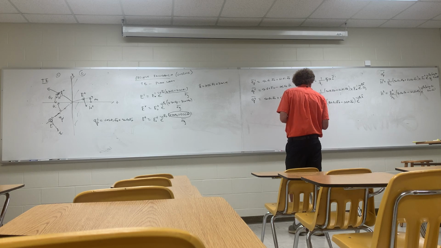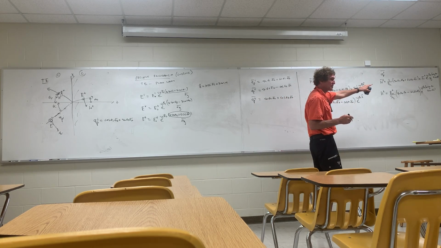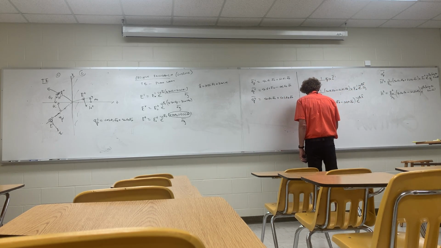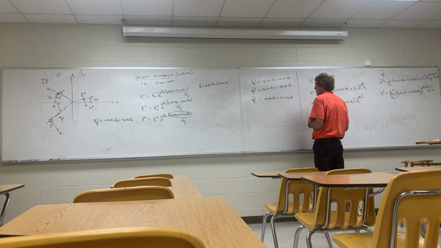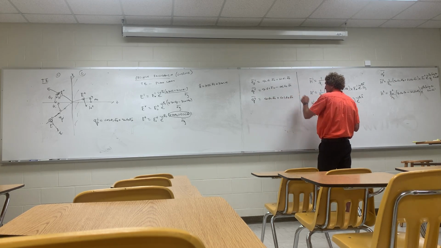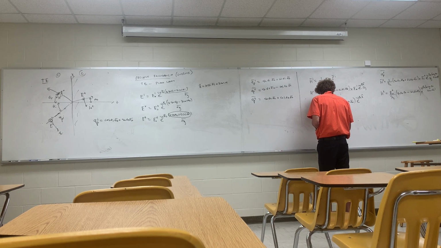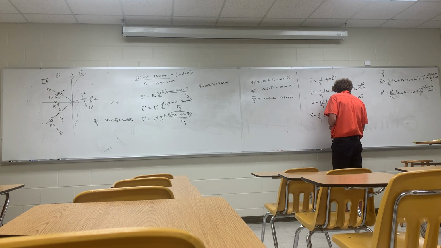Now for the reflected H field, so that's incident, that's transmitted. For the reflected H field, that's going to be 1 over eta 1, down in region 1. The unit vector in the direction of propagation for the reflected field is this. So it's going to be sine of theta reflected AX minus cosine of theta reflected AZ.